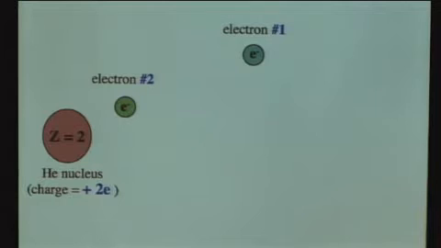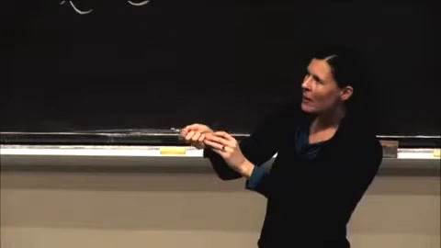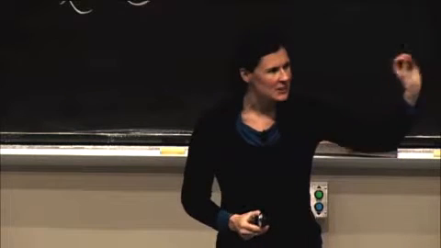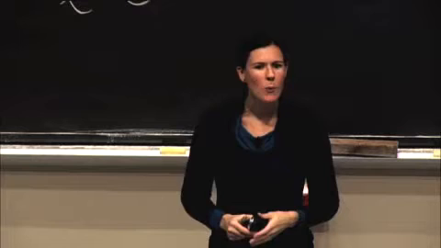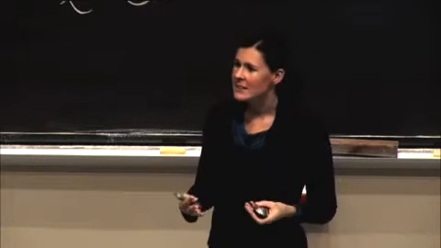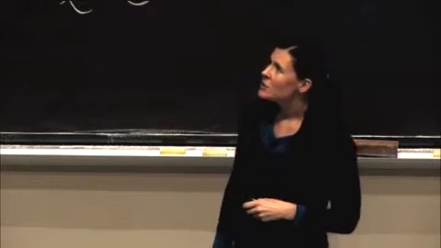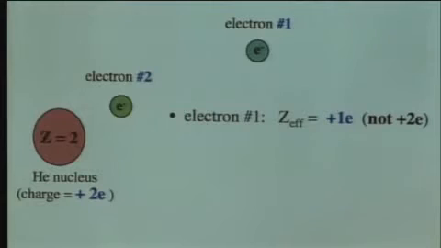If we have total and complete shielding, where this can negate a full positive charge, because remember, our nucleus is +2 and one of the electrons is -1, then if it totally blocks it, all we would have left from the nucleus is an effective charge of +1. So in our first extreme case, the Z effective that is felt by electron number 1 is going to be +1.